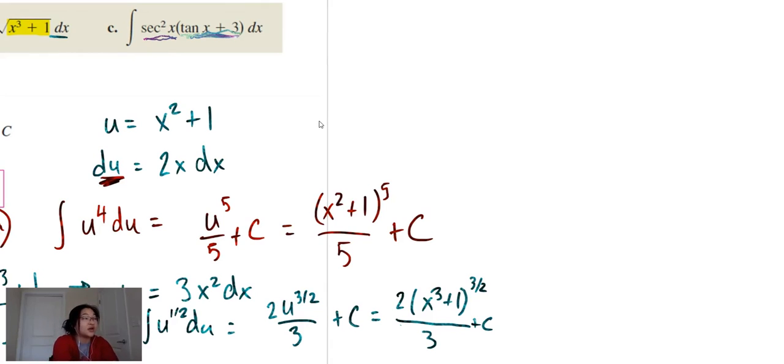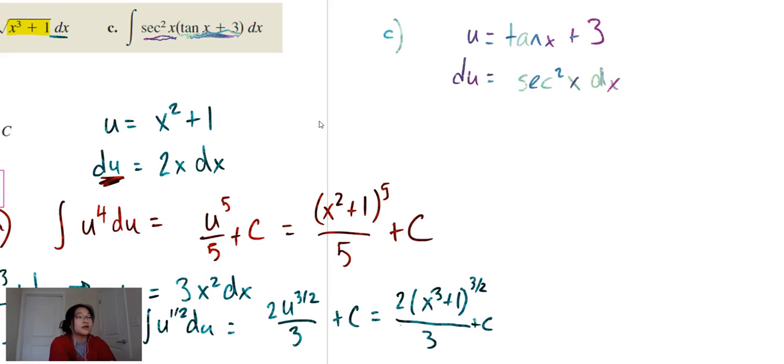Okay, so for C, our inside function, our peanut, is tangent x plus 3. So du is secant squared x dx. And this means that our indefinite integral is secant x times secant squared x dx, that's just du, and u is just all we have right there.